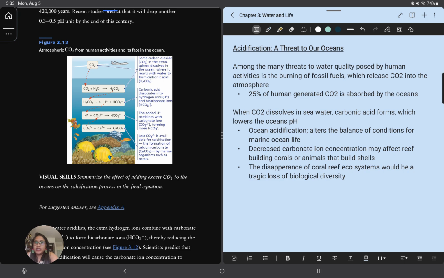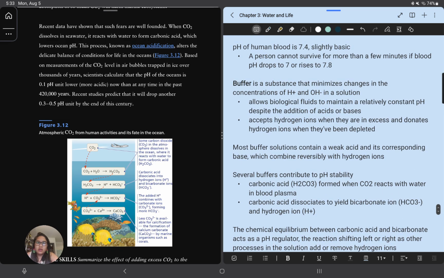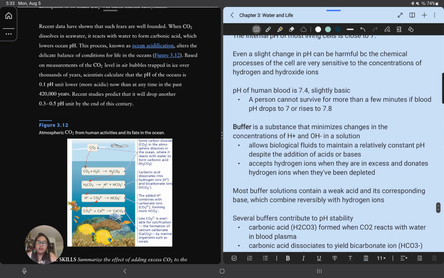Because just for reference, they said that the pH of human blood is 7.4, and if it drops 0.4 to 7, or rises 0.4 to 7.8, a person cannot survive.